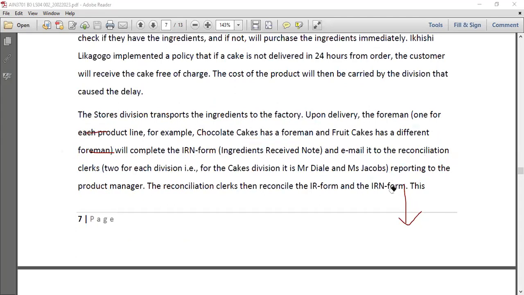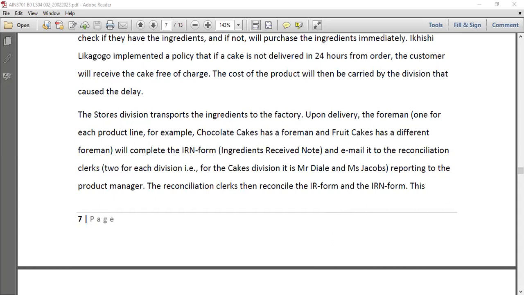Right. Upon delivery, the foreman, one of each product line, for example, chocolate cakes has a foreman and fruit cakes has a different foreman, who complete the internal ingredients received note and email it to the reconciliation clerks. For the cakes division, it is Mr. Diale and Mr. Jacobs reporting to the product manager.